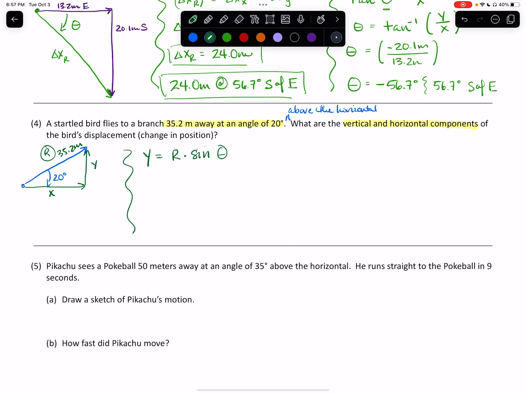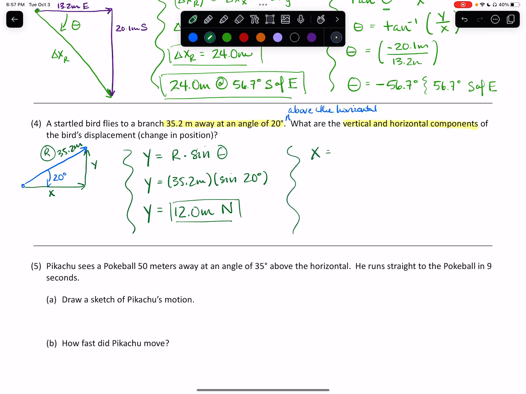of our theta angle. In this case, y is going to be equal to 35.2 meters times the sine of 20 degrees. We plug that into our calculator and find that the displacement for the y component, or the vertical displacement, is 12.0 meters, and that is directly north. So 12 meters north would be our vertical displacement.